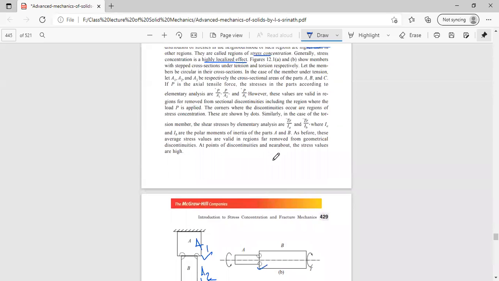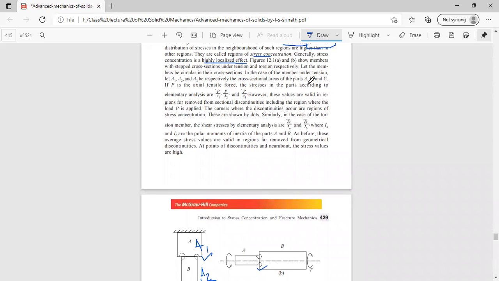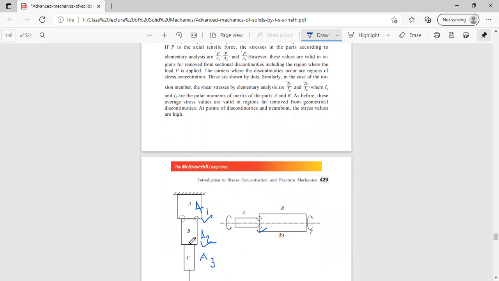Thus, these are the A, B, and C parts of the shaft itself.